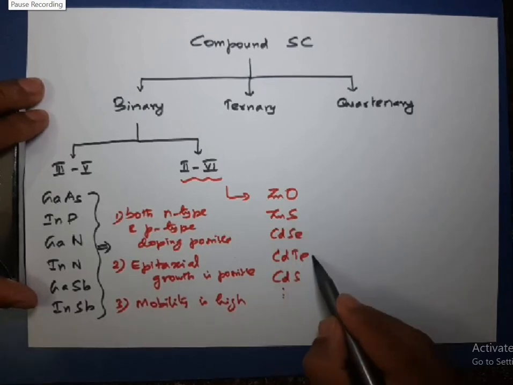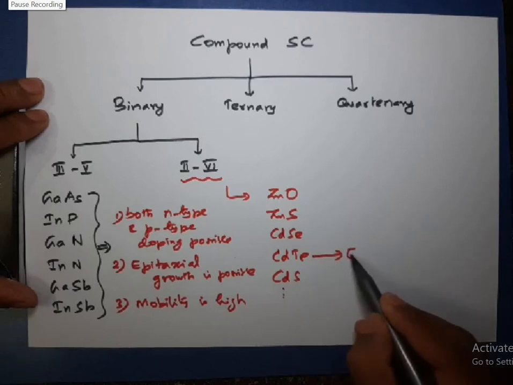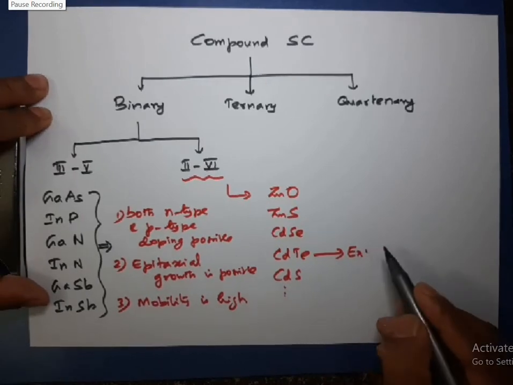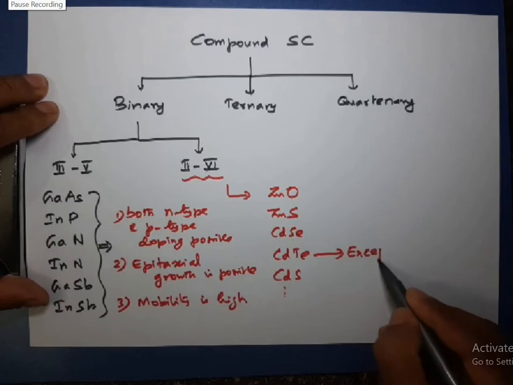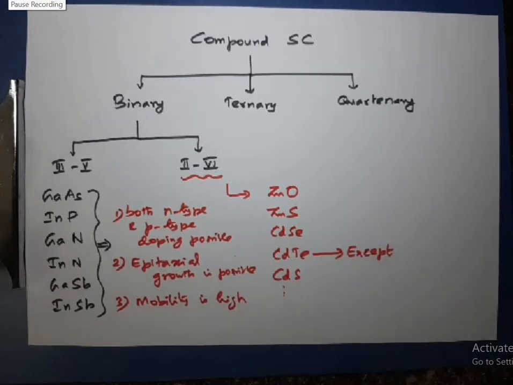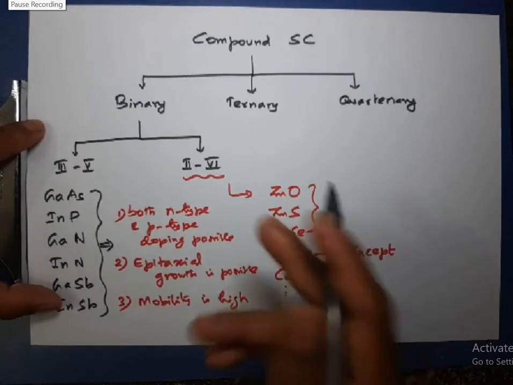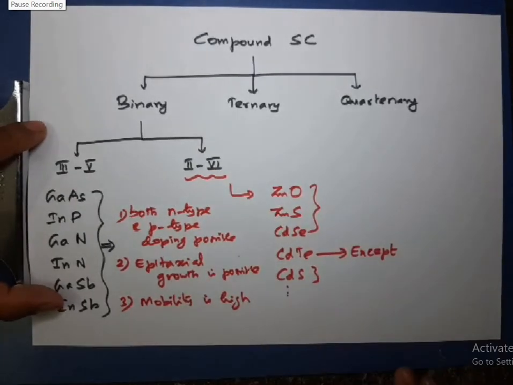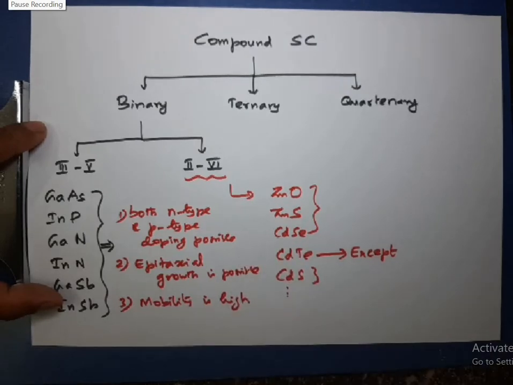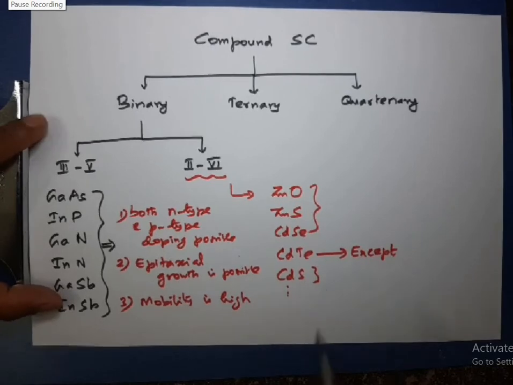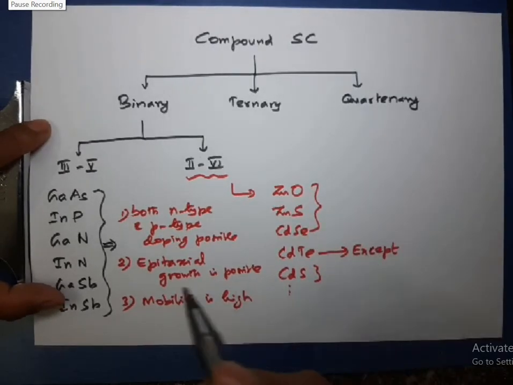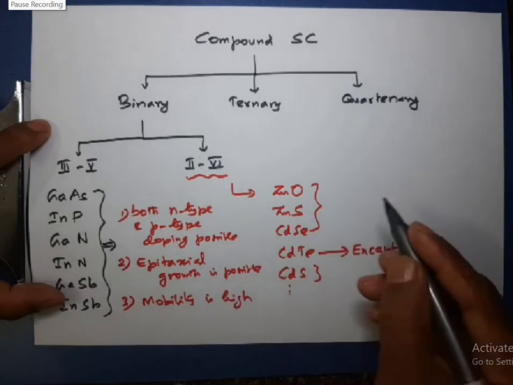Here, except cadmium telluride, in all other 2-6 compound semiconductors, both n-type doping and p-type doping are not possible. You can make either n-type doping or p-type doping, usually n-type doping.